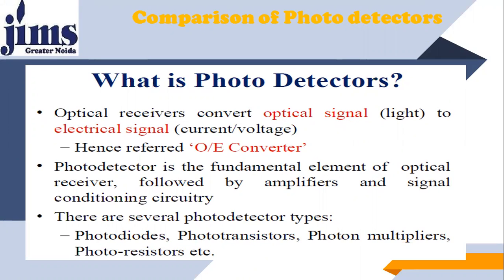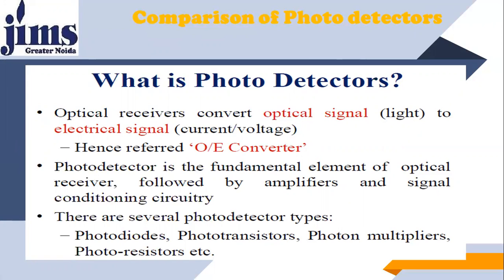So overall, what actually does an optical receiver do in optical communication? Optical receivers convert optical signal, which is a light signal, to electrical signal, current or voltage. Because photodetector is a part of optical receiver, that's why we say the optical receiver does that.